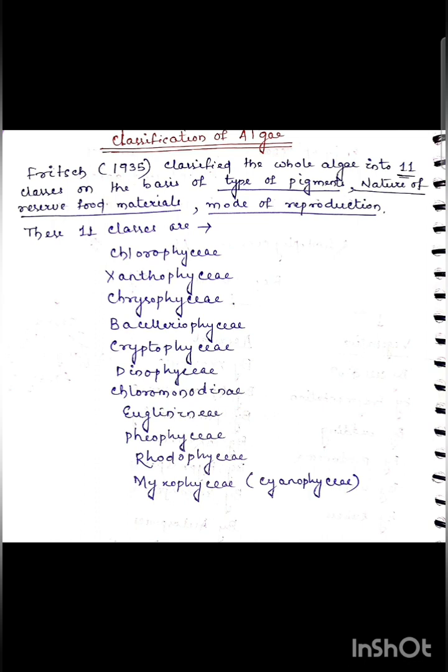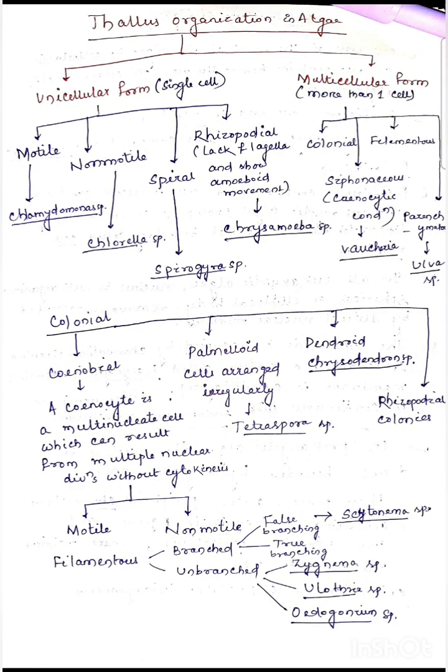So what are the 11 classes? Chlorophyceae, Xanthophyceae, Chrysophyceae, Bacillariophyceae, Cryptophyceae, Dinophyceae, Chloromonadineae, Euglenineae, Phaeophyceae, Rhodophyceae, finally Myxophyceae or Cyanophyceae.